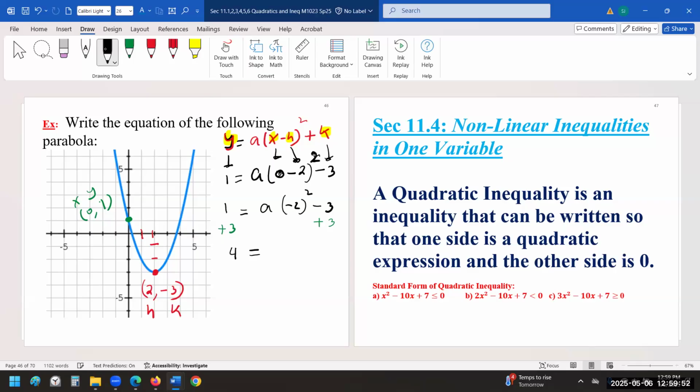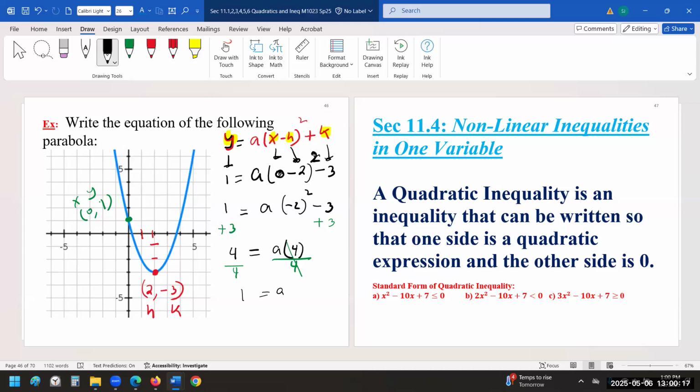We get 4 equals a times, what is -2 squared? 4. And then the last thing we do to get the a alone is divide by 4. The a is 1.